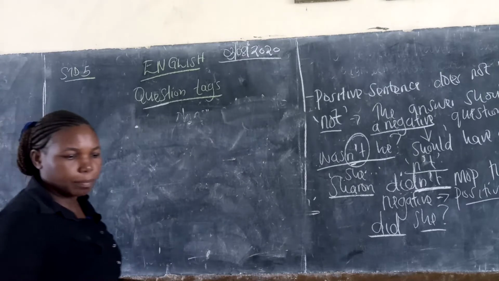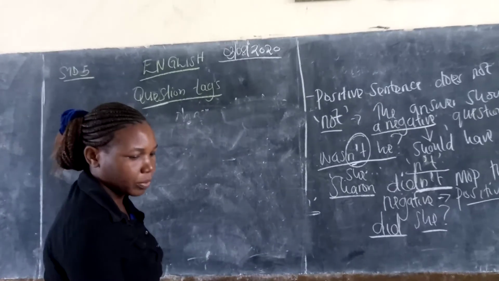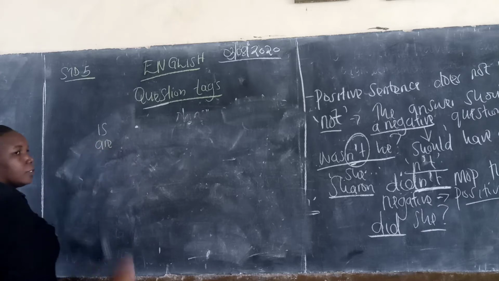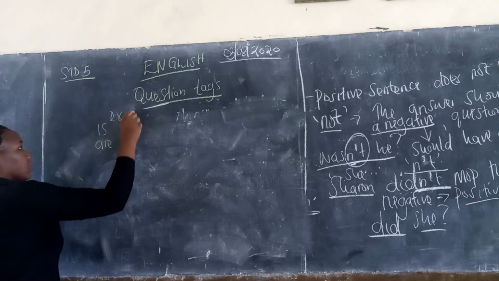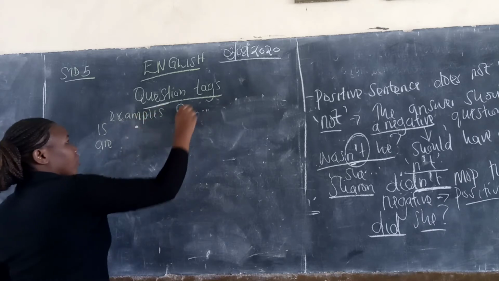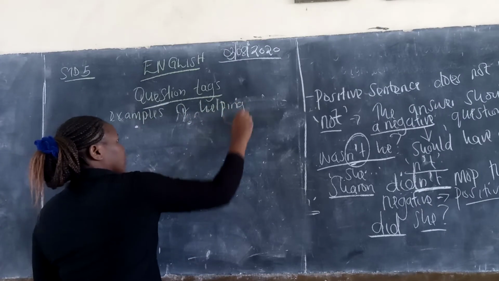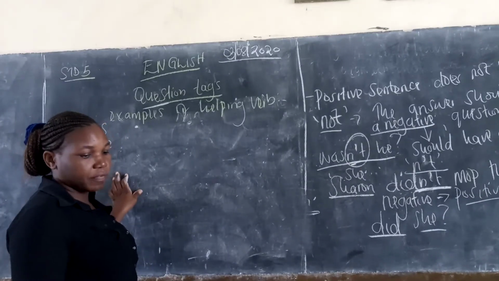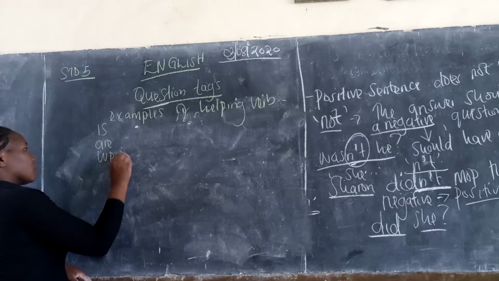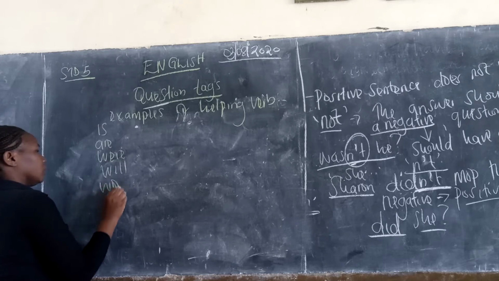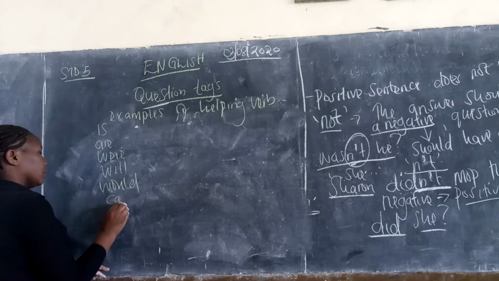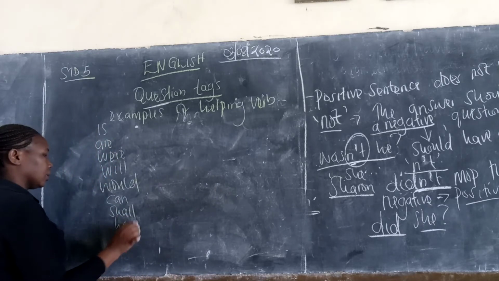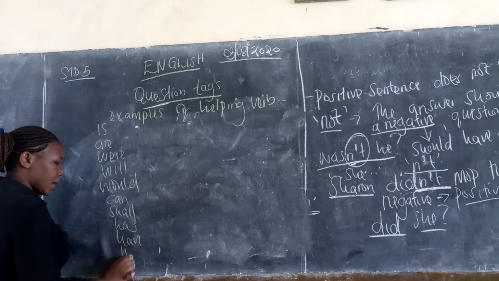Let's first look at examples of helping verbs. We have is, are, were, will, would, can, shall, has, have, had.